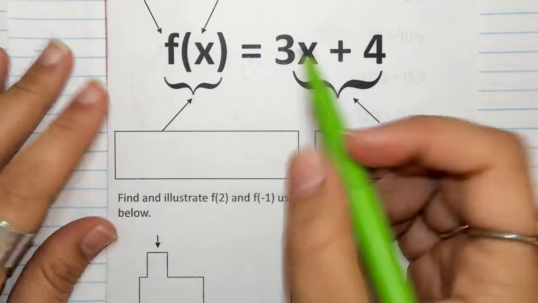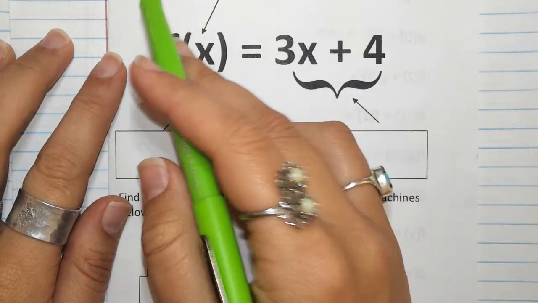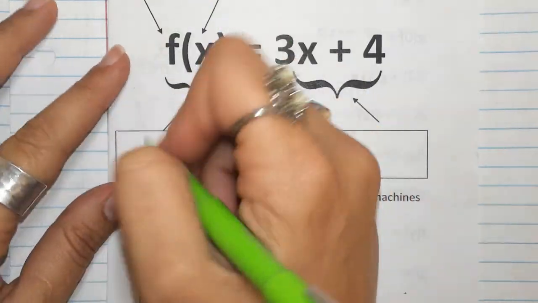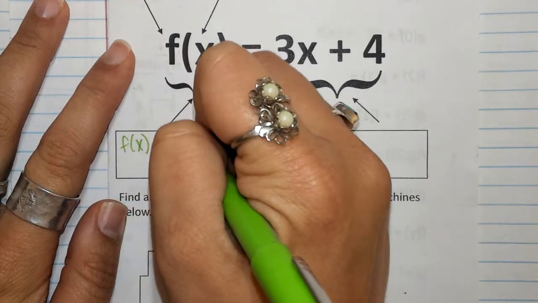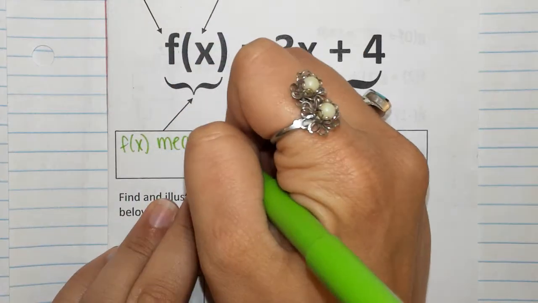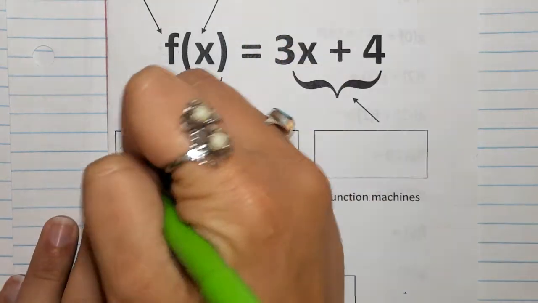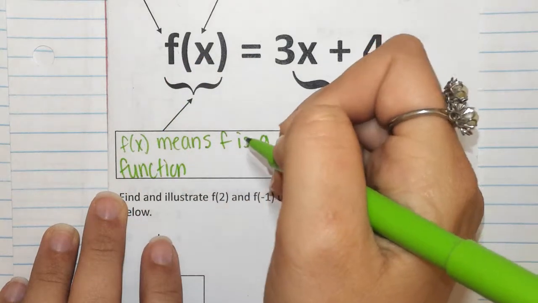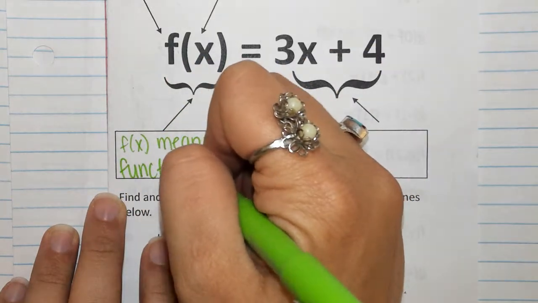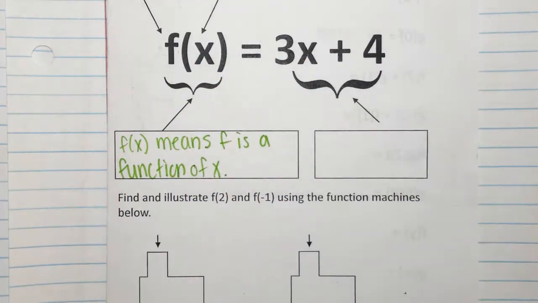Alright. So again, f is the name of the function, and f at x means f is a function of x.